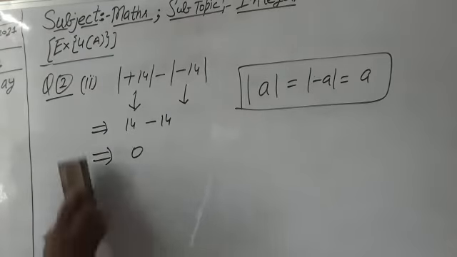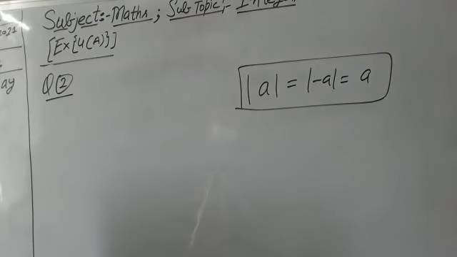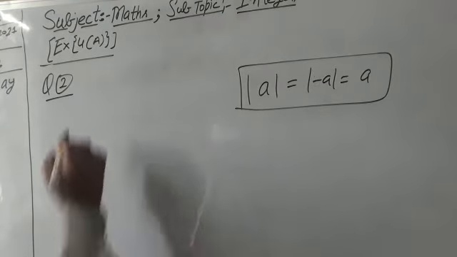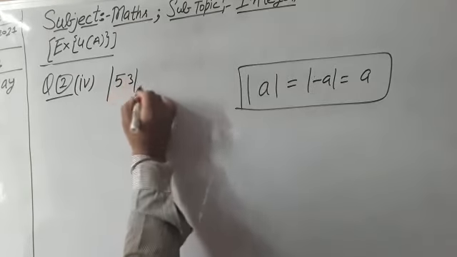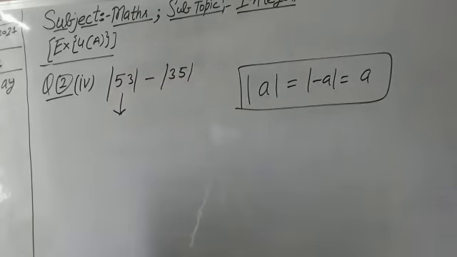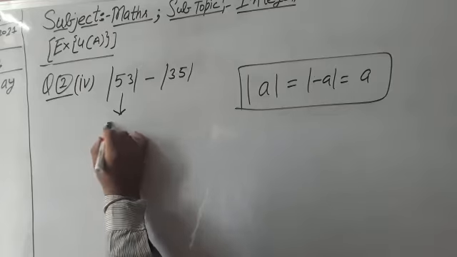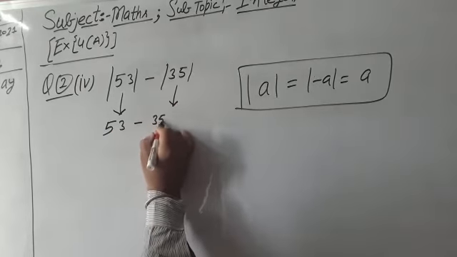Now we take another example. This is the syntax of this question. Now we take the fourth part of it: mod of 53 minus mod of 35. Again I repeat, we only consider face value, not place value. So now 53 minus 35.